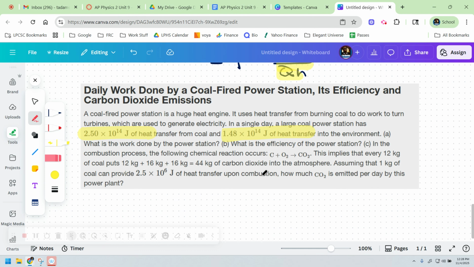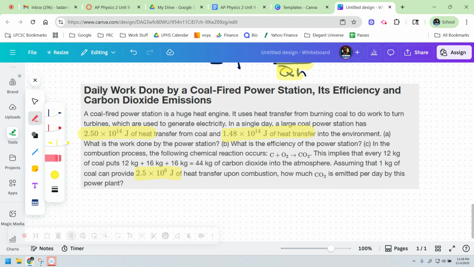And that's just based on the ratios and the molar masses of carbon and oxygen. And then we're amping it up too, so we're multiplying it by a scalar multiplier. So assuming 1 kilogram of coal can provide 2.5 times 10 to the 6 joules of heat transfer on combustion, how much CO2 is emitted per day by this power plant?